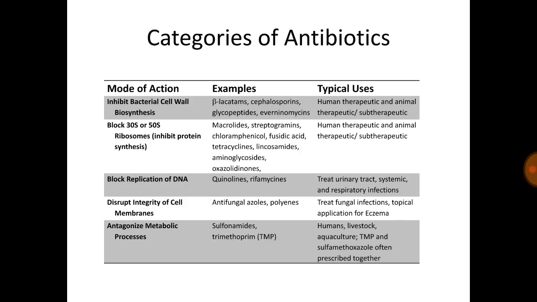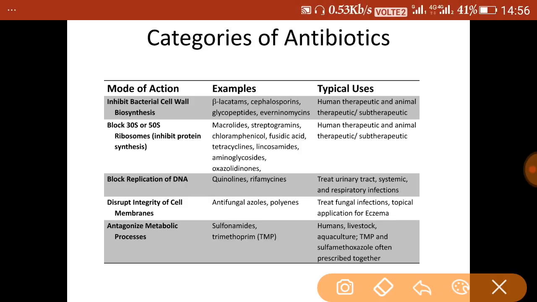Now, categories of antibiotics. There are various categories depending upon mode of action. Number 1, those which inhibit bacterial cell wall biosynthesis. Number 2, those which block 30S or 50S ribosomes, which indirectly means that they inhibit protein synthesis.